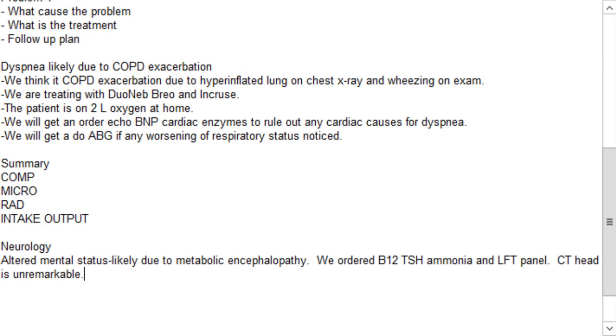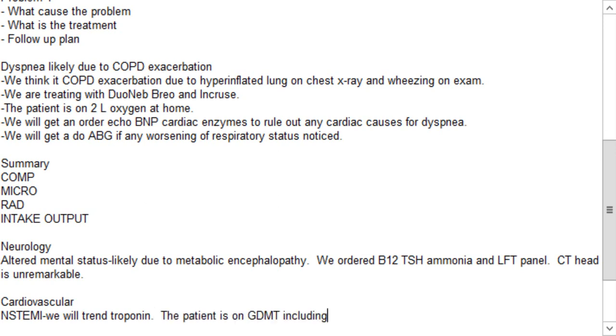Next paragraph, cardiovascular. Next line, NSTEMI, hyphen, we will trend troponin. The patient is on GDMT, including statin and aspirin. Cardiology following.